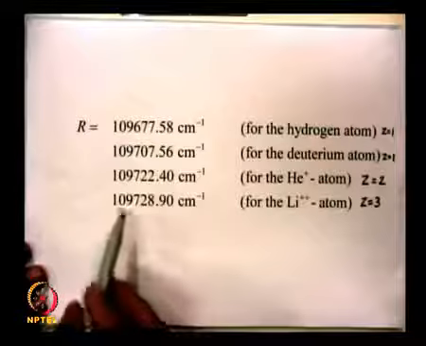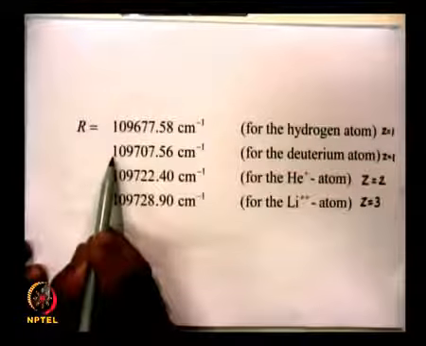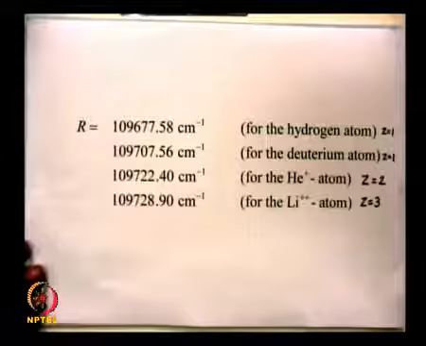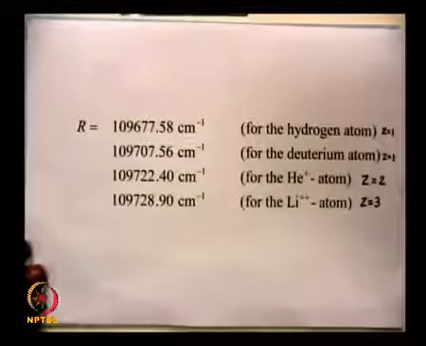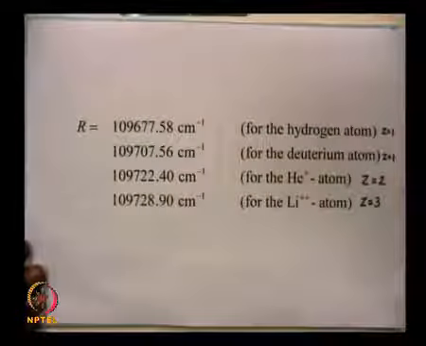And indeed, the fact that the Rydberg constant is slightly different for deuterium led to careful measurement of spectral lines which were slightly shifted from those of the hydrogen atom, and which eventually led to the discovery of deuterium, or heavy water, by Urey in the year 1932. Now, this therefore completes the energy level structure.